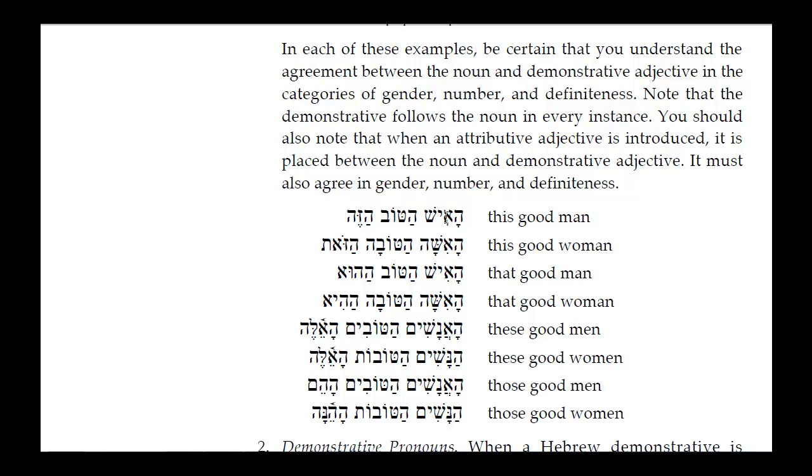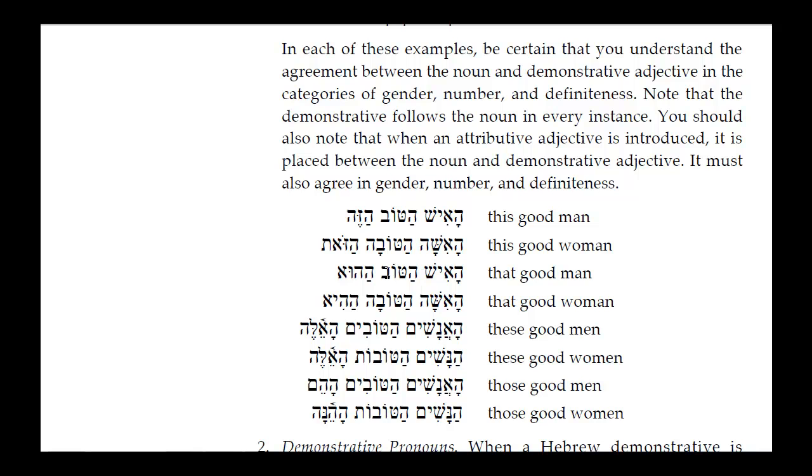Same thing with ha-isha ha-tova ha-zot, "this good woman." We have the noun ha-isha, the attributive adjective ha-tova in between the noun and the demonstrative adjective ha-zot.